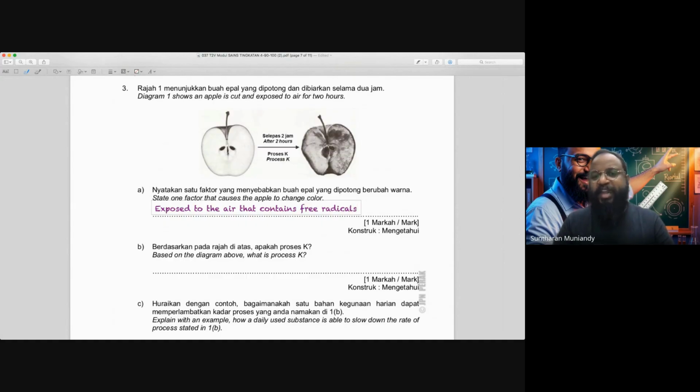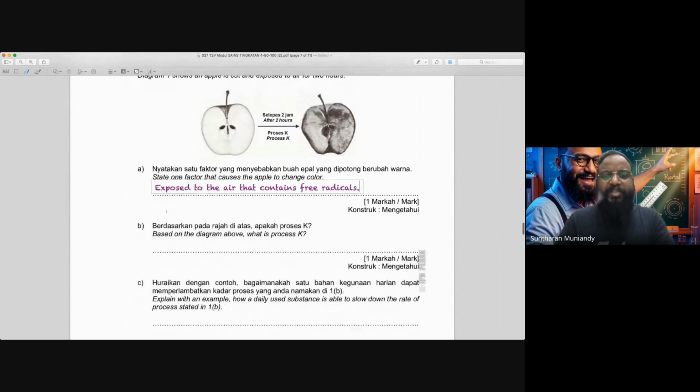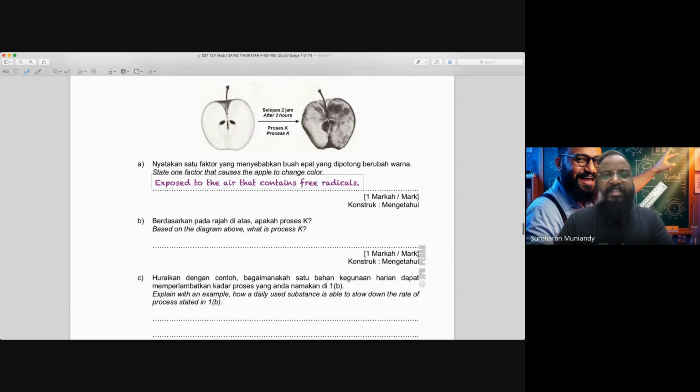Okay, exposed to the air that contains free radicals is the one that causes the change of color. Based on the diagram above, what is process K? Process K is the oxidation process. Pengoksidaan, ya? Oxidation process.